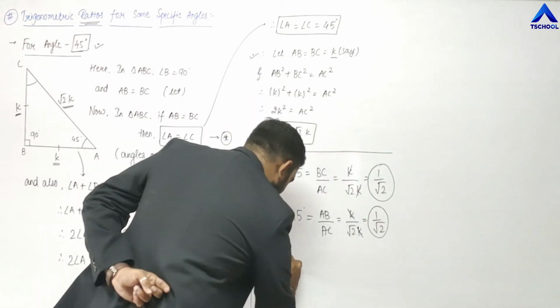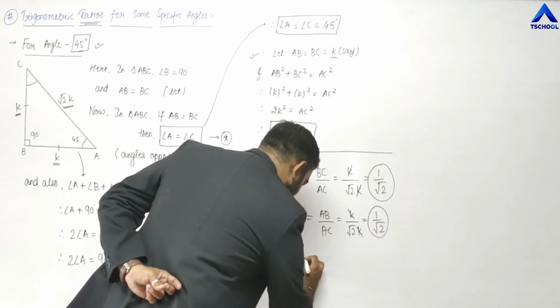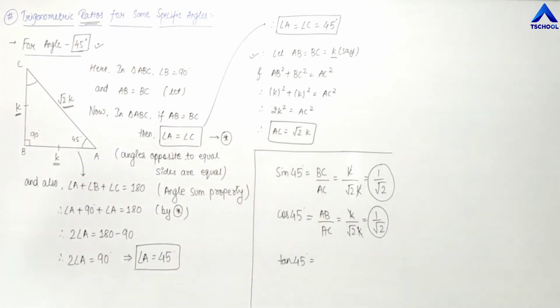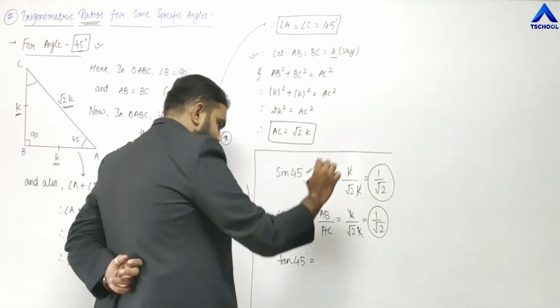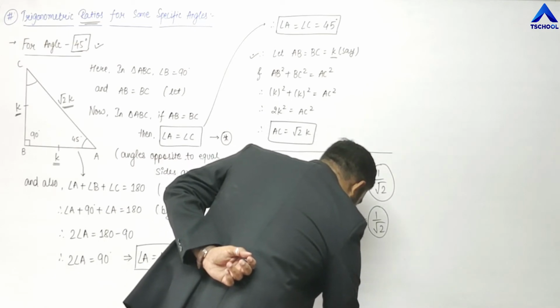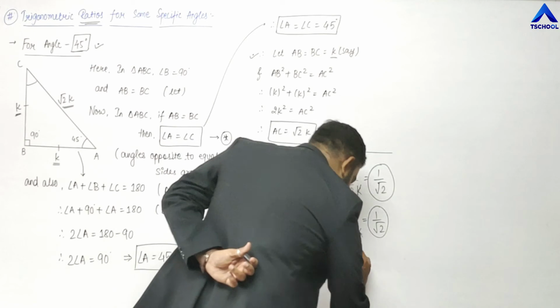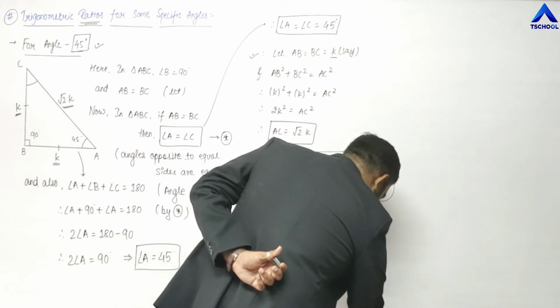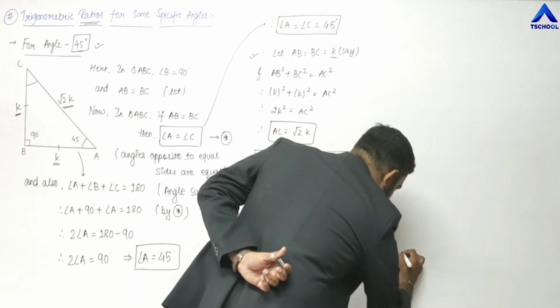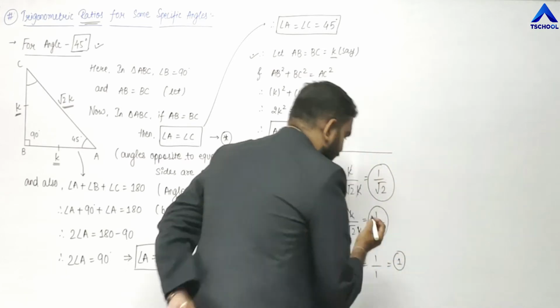Now let us find out the third one. Tan 45, that means tan A, that is opposite side divided by the adjacent side. So opposite side, that is BC upon AB, and hence BC is K upon AB is also K, that is 1 upon 1, which is equals to 1.